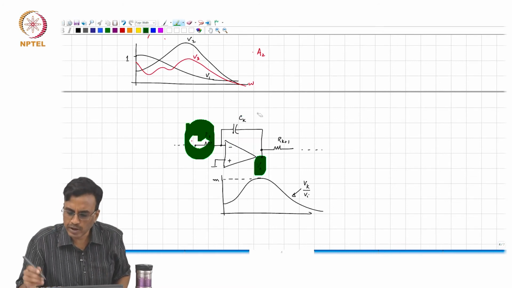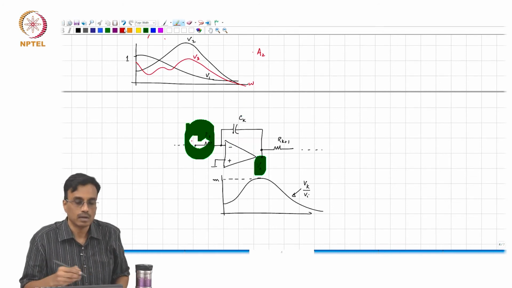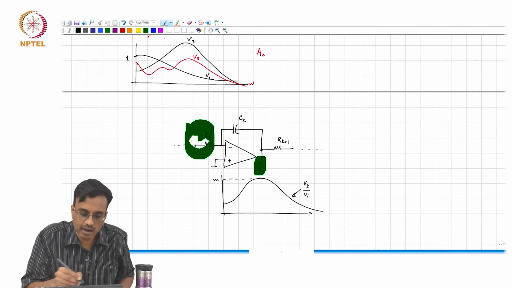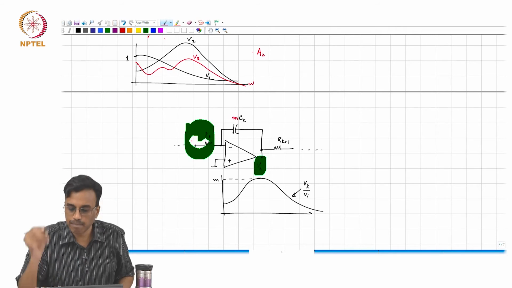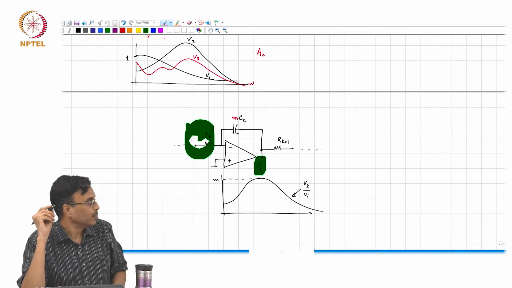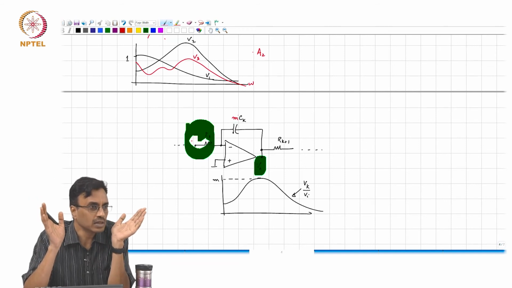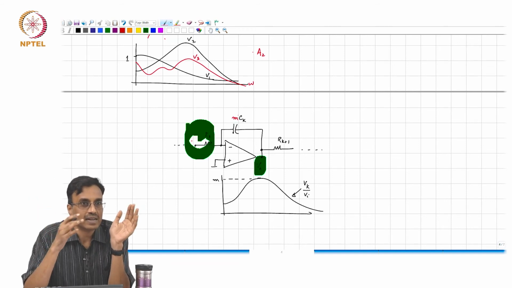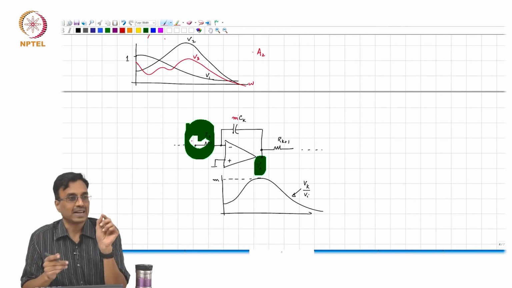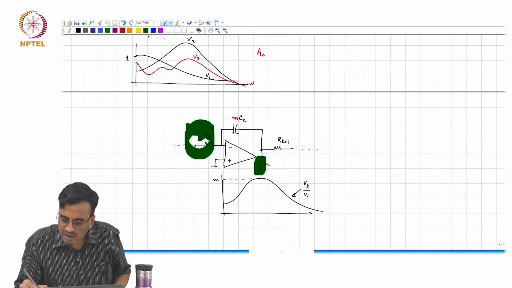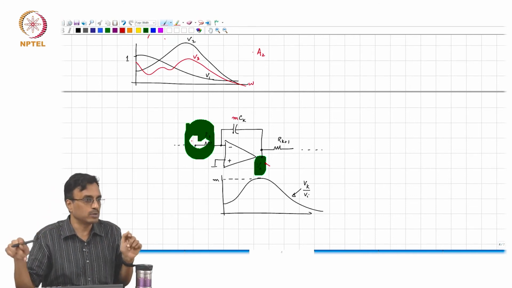Reduce the impedance. So what should I do to this capacitor? I should reduce the impedance, so I should basically increase the capacitance by a factor of M. But if I just did this and did nothing else, what would happen to the transfer function? The transfer function will change, because the transfer function is what it should be only if the peak gain here is M times Vk.